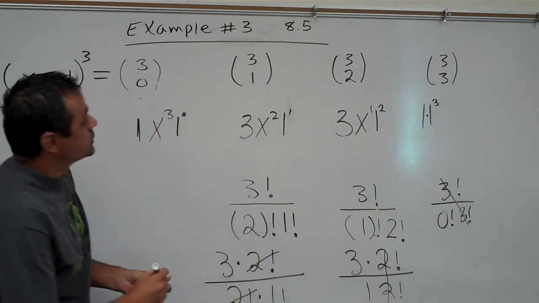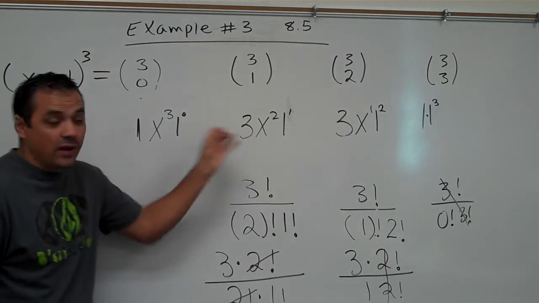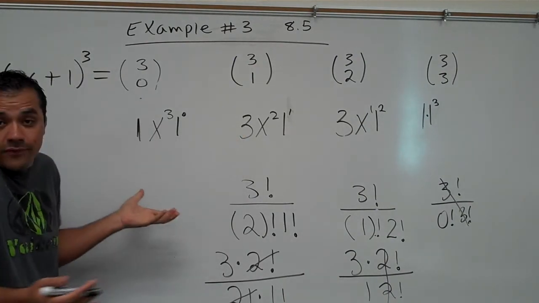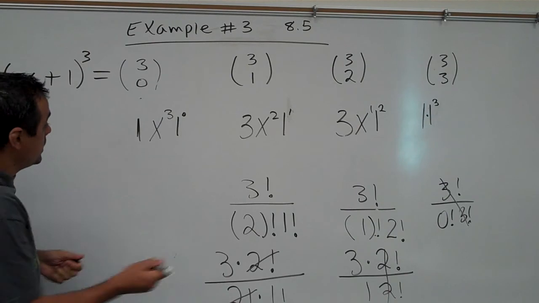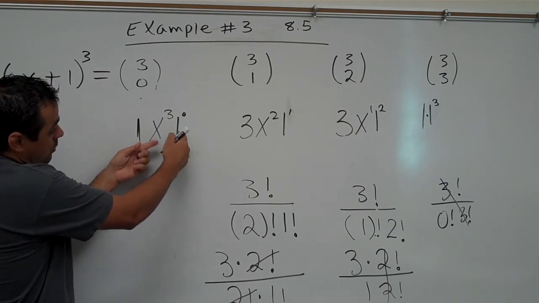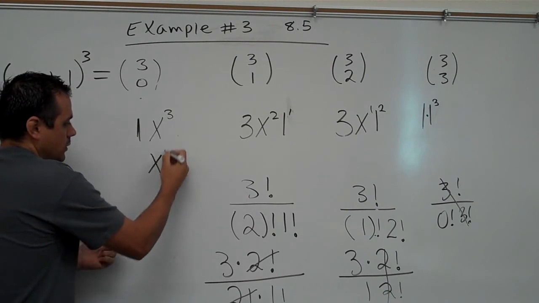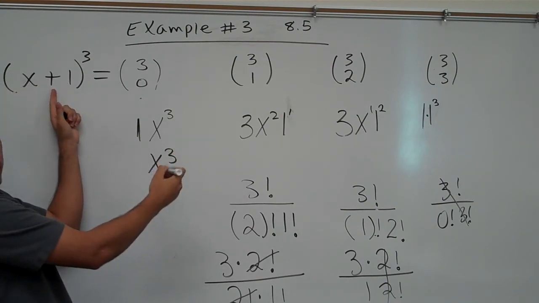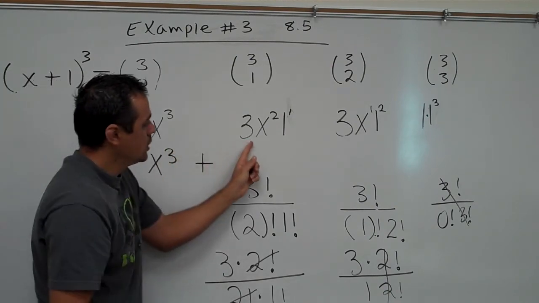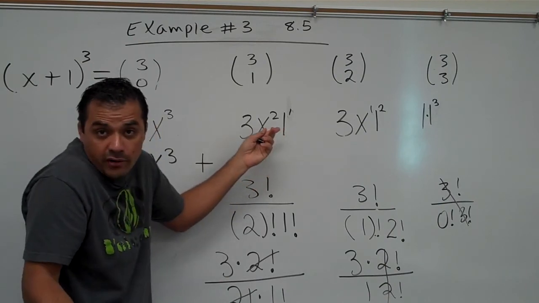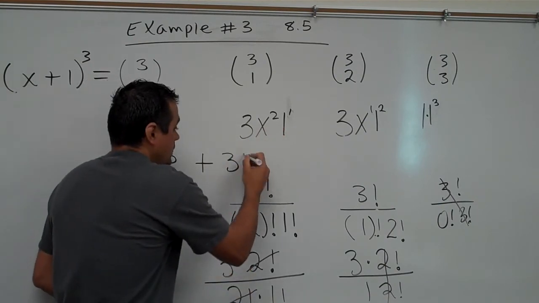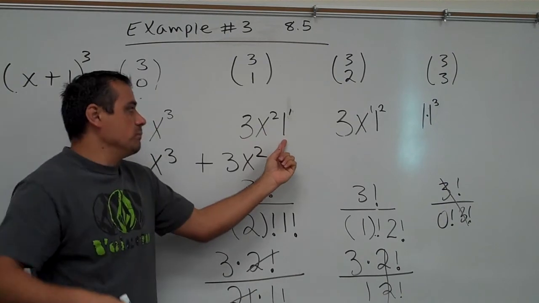But now all we have to do is simplify all these, and you'll see we'll end up with the final answer that we had in the beginning. So let's see what it is. This is 1, like we said, this is 1 to the 0, so it's just simply 1. So we get x to the third. Whatever this sign is goes here, plus 3x squared, times 1.